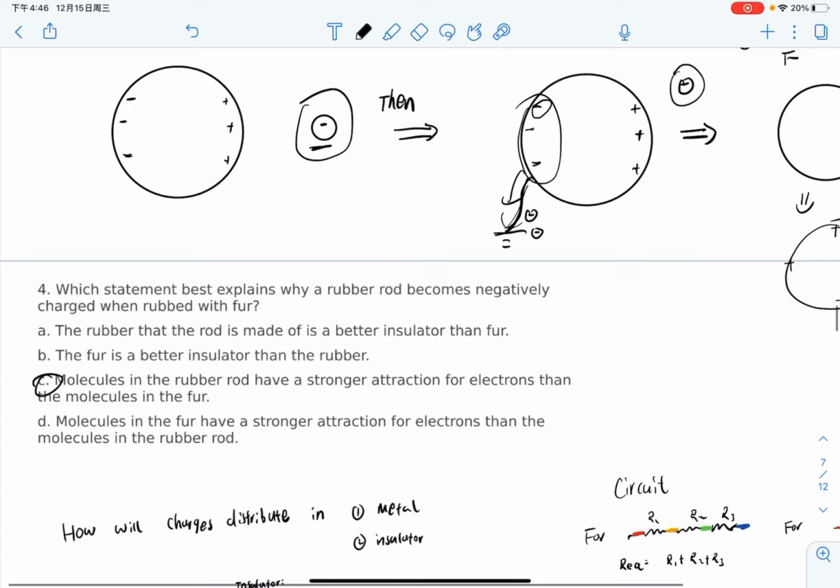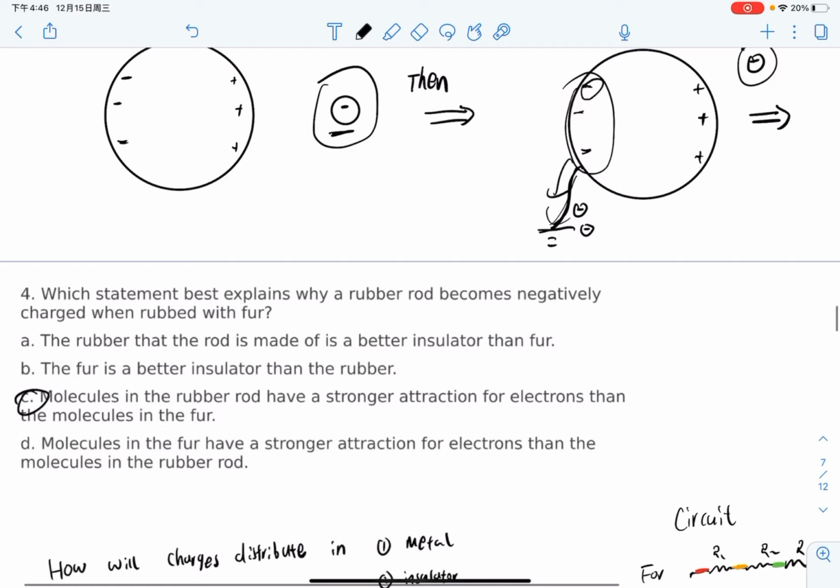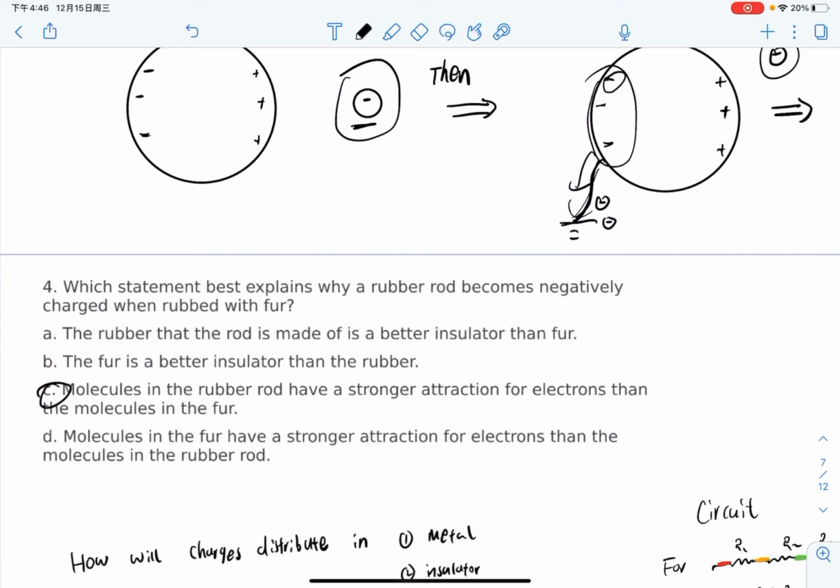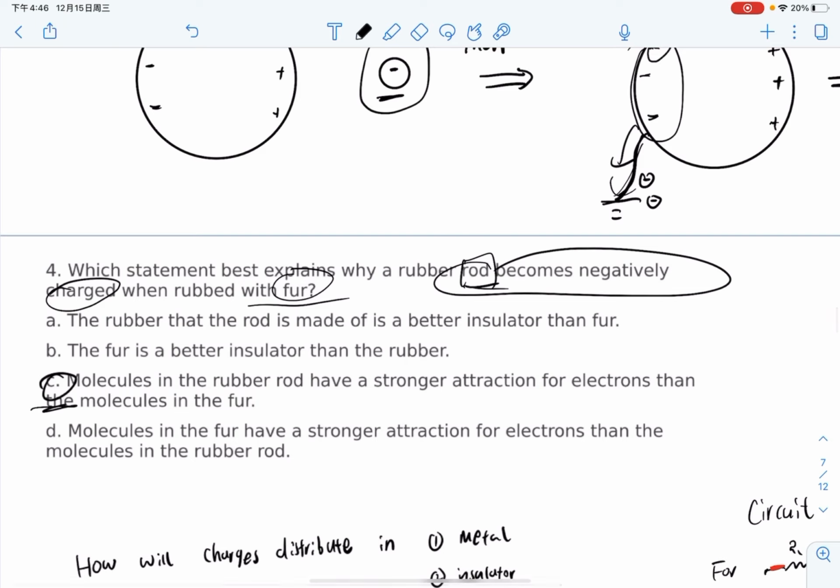So in this case, when you rub a rod and the fur, and you see that the rod becomes negatively charged, that means the rod likes the electron more than the fur. So the answer choice over here is C, which stated that the molecules in the rubber rod have a stronger attraction for electrons than the molecules in the fur.